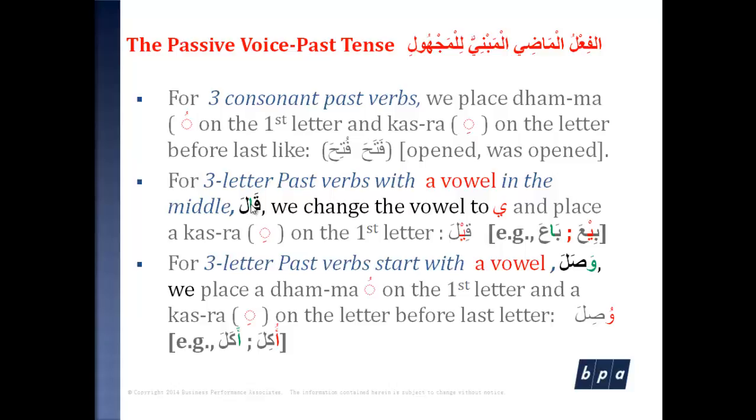And ba'a, which has in its origin a ya. Either way, they follow the same pattern when it comes to the passive voice. So qala, we change the alif to a ya, and ba'a, the same thing, we change the alif to a ya, and we have to place a kasra on the first letter before the ya.